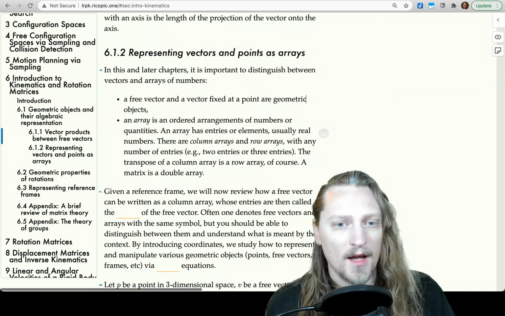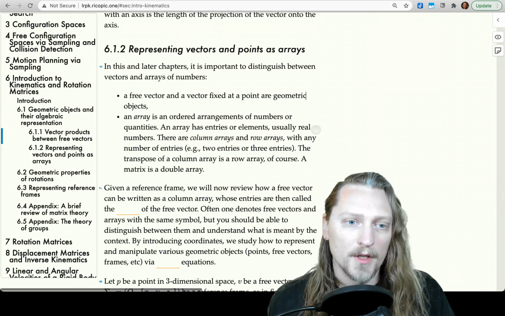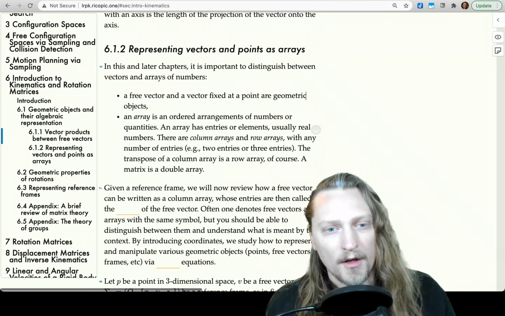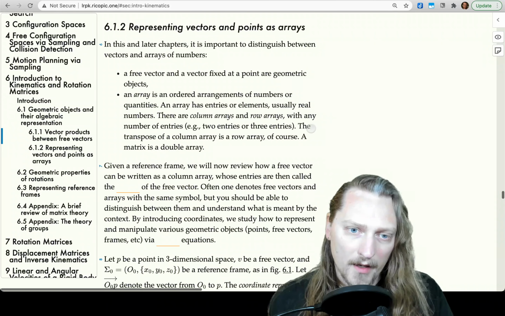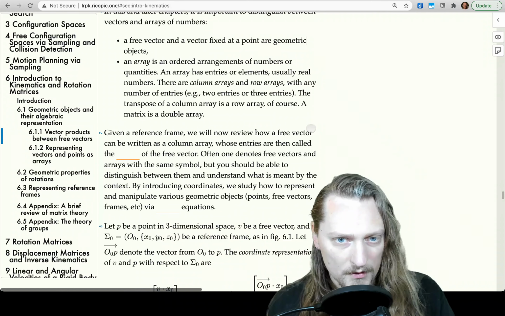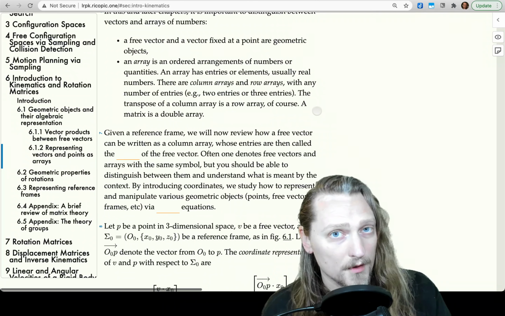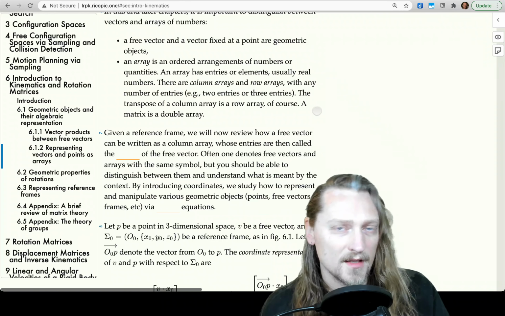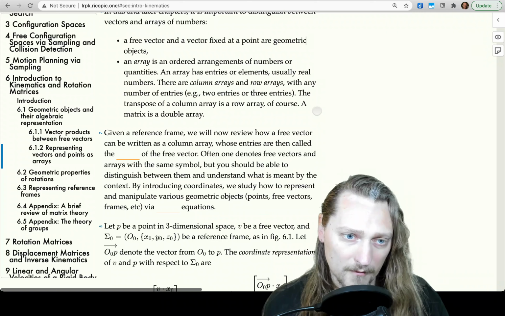An array has entries or elements or components, usually real numbers. There are column arrays and row arrays with any number of entries, for example, 2 entries or 3 entries. The transpose of a column array is a row array, of course. A matrix is a double array, or an array of arrays, depending on how you look at it.